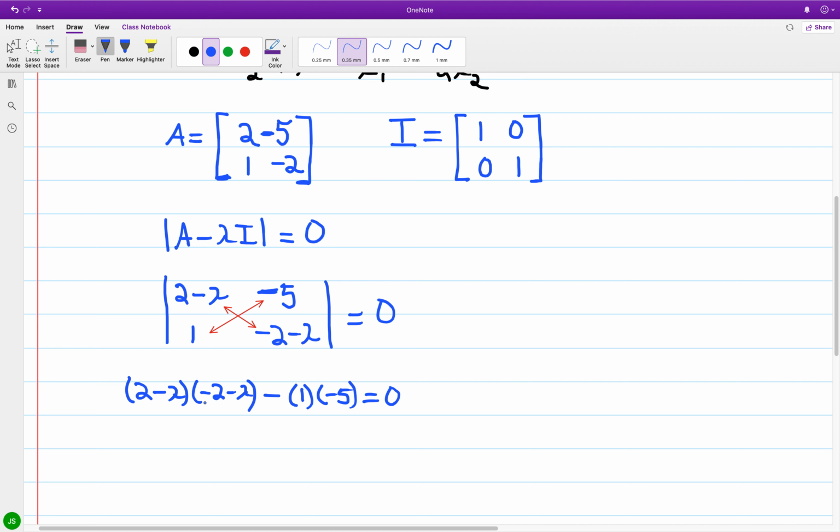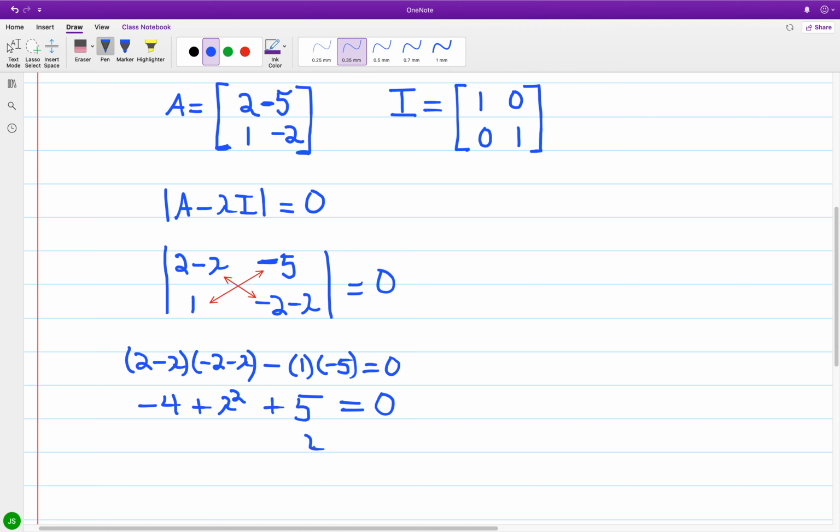So we have -4, the -2 lambda plus 2 lambda will go out, and we have plus lambda squared, and the negative of -5, which would be +5, is equal to 0, and here we have lambda squared plus 1 is equal to 0.